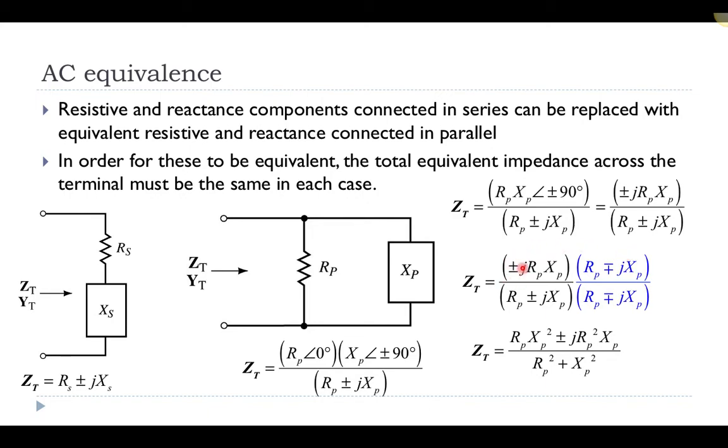But when I multiply the plus minus with the minus plus, I also get a negative. So plus times minus is minus, minus times plus is minus. So I'm going to end up with an overall negative sign out front, plus a j squared, which is negative, and it becomes positive. So the real part of this is just the resistance that's parallel multiplied by this reactance piece squared.